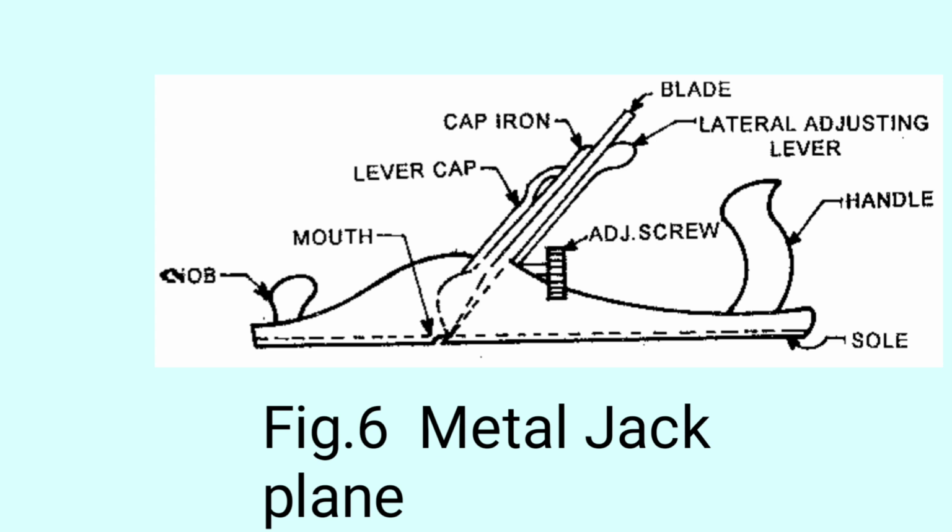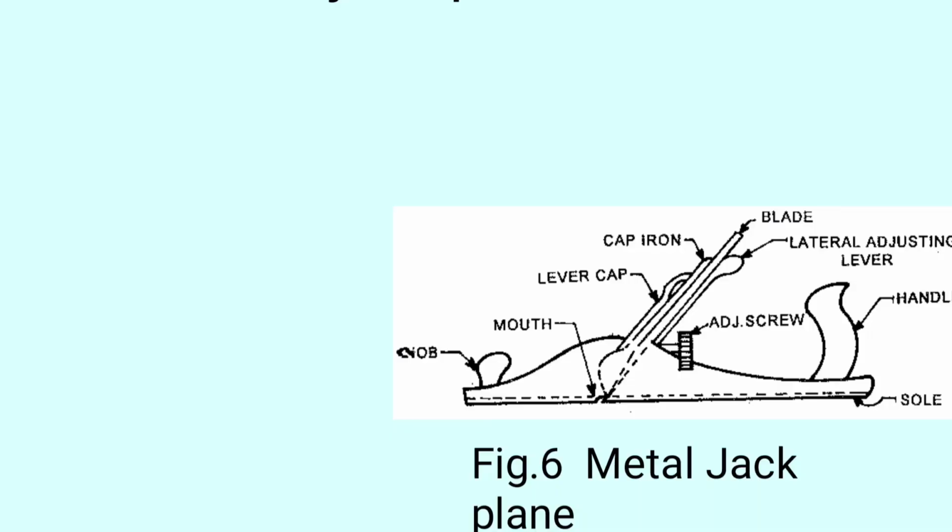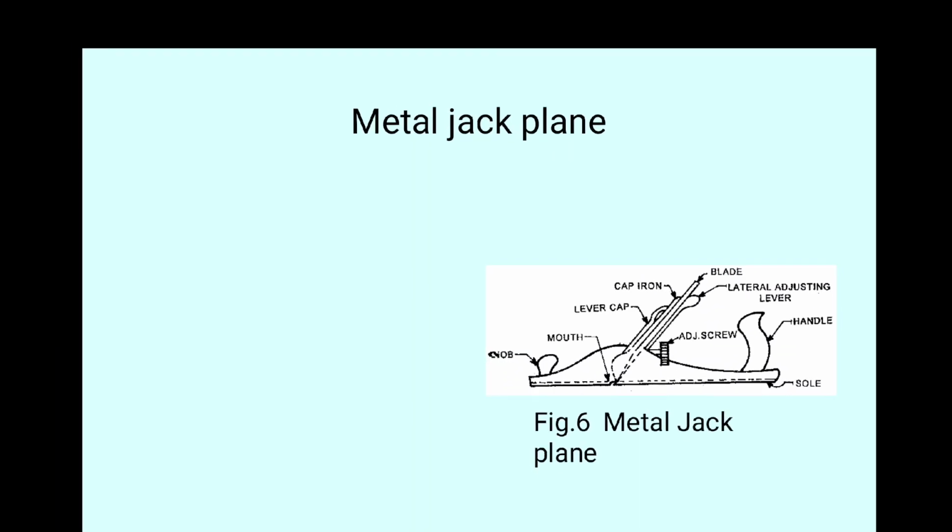Next, at the back of it there is a handle and lateral adjusting lever, blade, adjustable screw, cap iron, lever cap and mouth, and also there is another part called the knob. So these are the various parts of the metal jack plane.